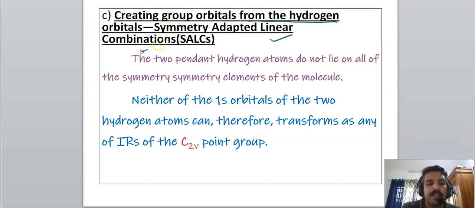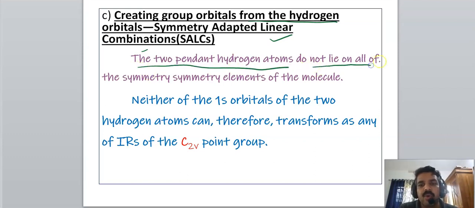Symmetry adapted linear combinations. Now we got the symmetries of the central atom. Now we want to take the group orbitals from the hydrogen orbitals. The two pendant hydrogen atoms do not lie on all of the symmetry elements of the molecule.